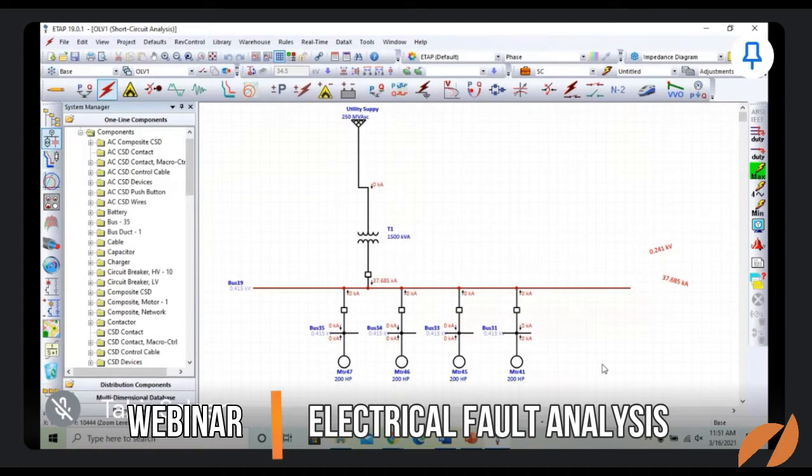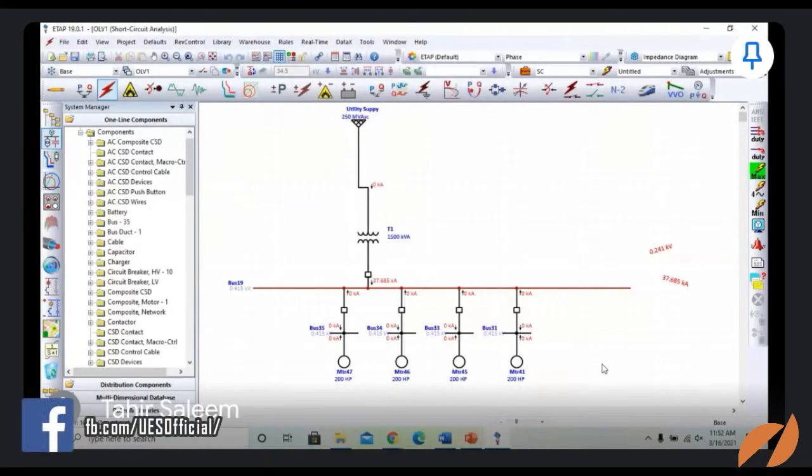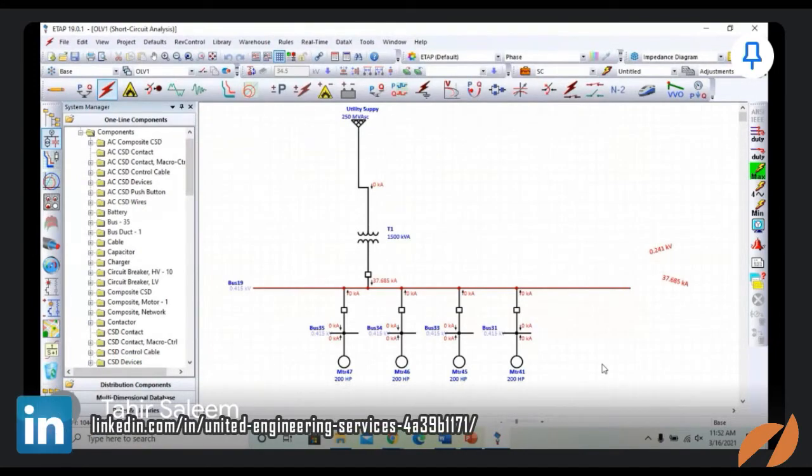Let me clarify that whenever a line to ground fault occurs, it can have a higher value than even the three phase fault, because of the difference between zero sequence impedance and short circuit impedance. If your short circuit impedance is lower than the source impedance, then your line to ground fault will be more than the three phase bolted fault.